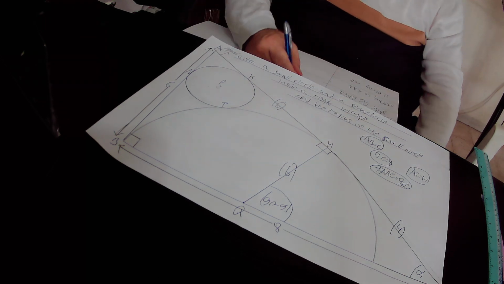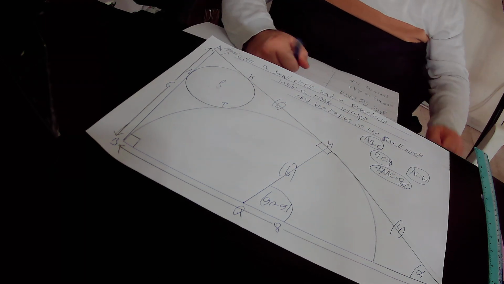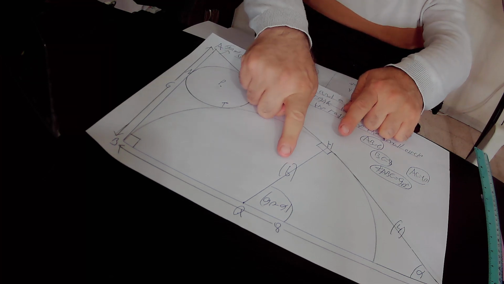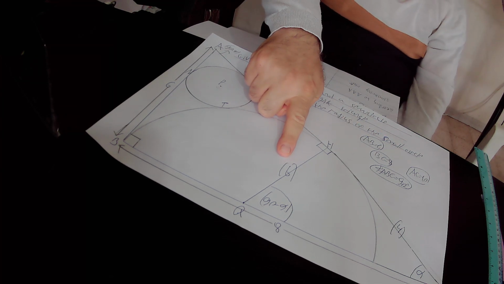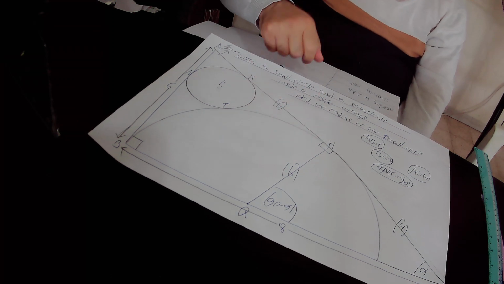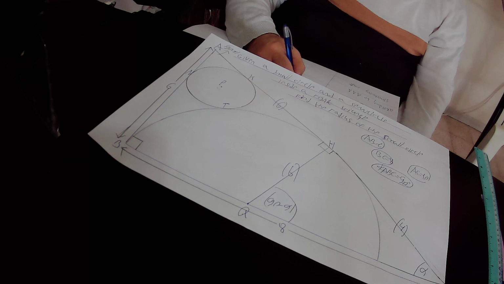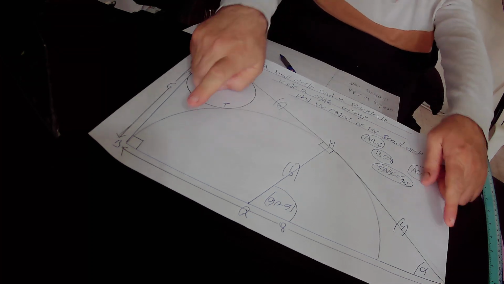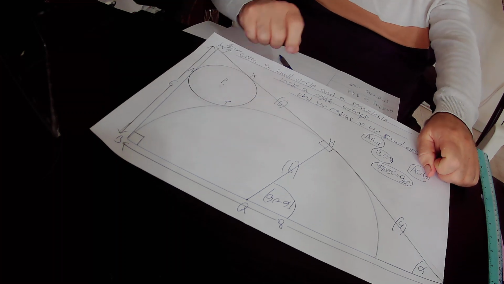AB is 6 over HQ. HQ is the radius of this big semicircle, which equals B according to our definition. And it equals BC over HC. BC equals 8 according to what is given in the question.